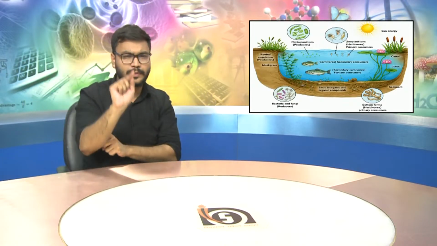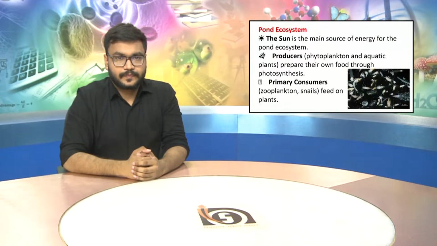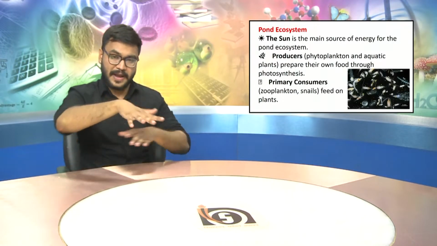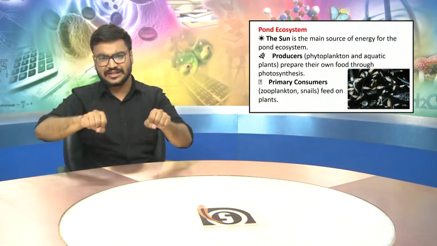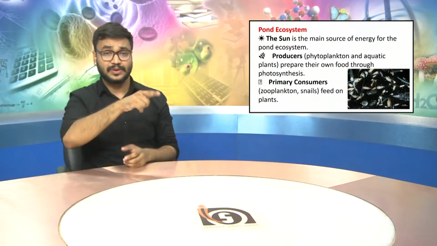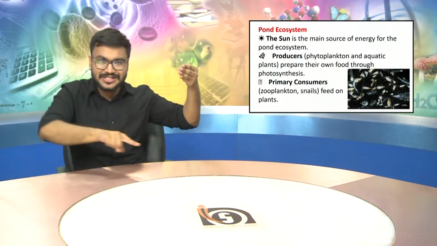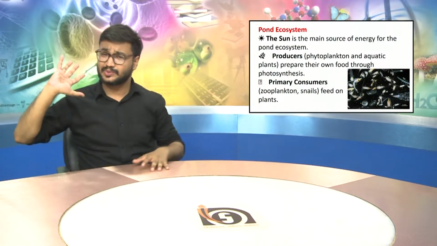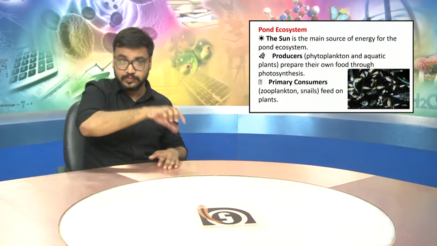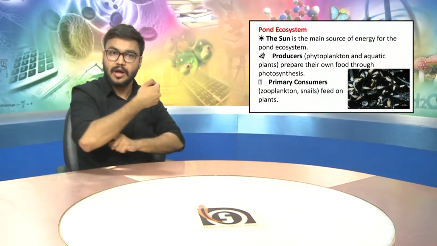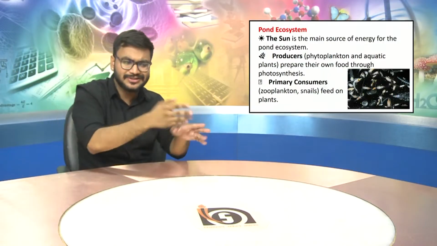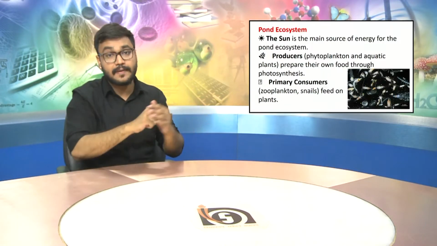There is a picture on the screen showing the pond ecosystem. In the pond ecosystem, there are various layers. First, the sun is the main source of energy for the pond system.